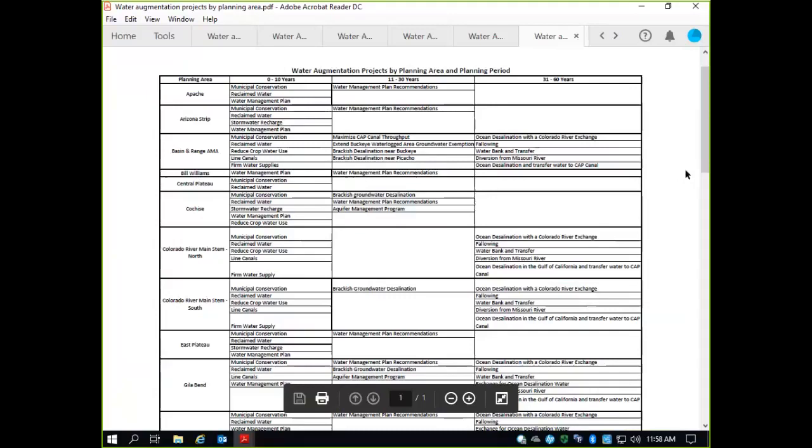That would be considered an outlandish idea at this point, whereas we know we're safe with ocean desal. Well, I would argue that we've got the 7-basin state study, which clearly talks about importation from other river basins. So it's not like it's totally something this committee came up with.